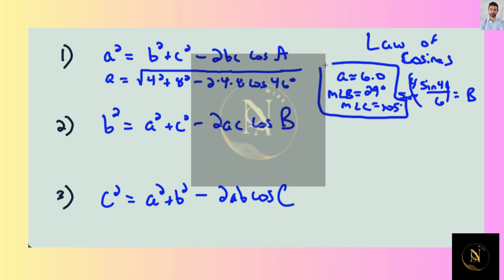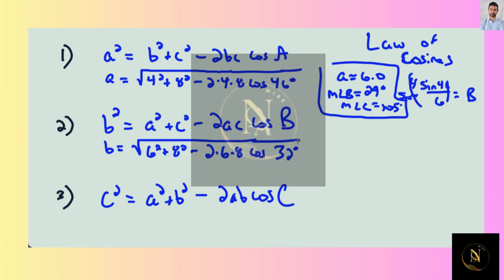Here's another one. In number 2, you have angle B, and you can use the law of cosines to find side B. So B would be equal to the square root of, A is 6 and C is 8, so 6 squared plus 8 squared minus 2 times 6 times 8 times the cosine of angle B, which is 32 degrees.